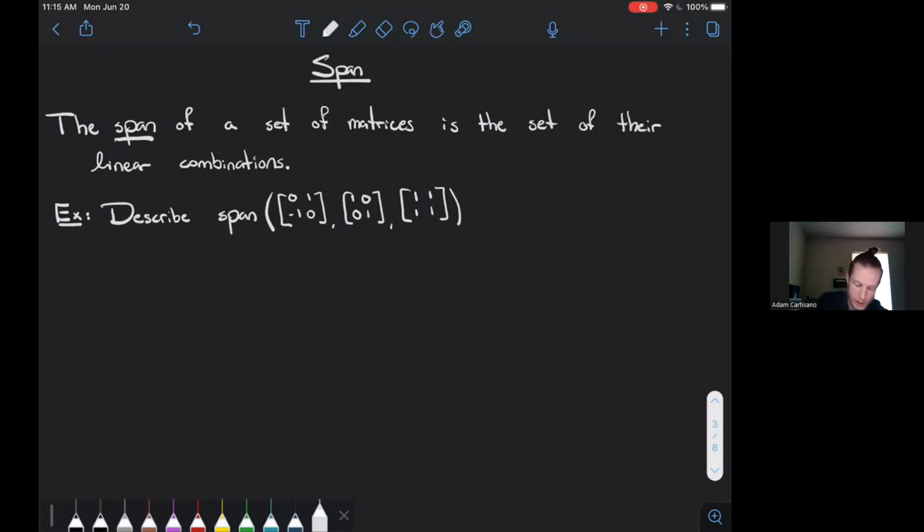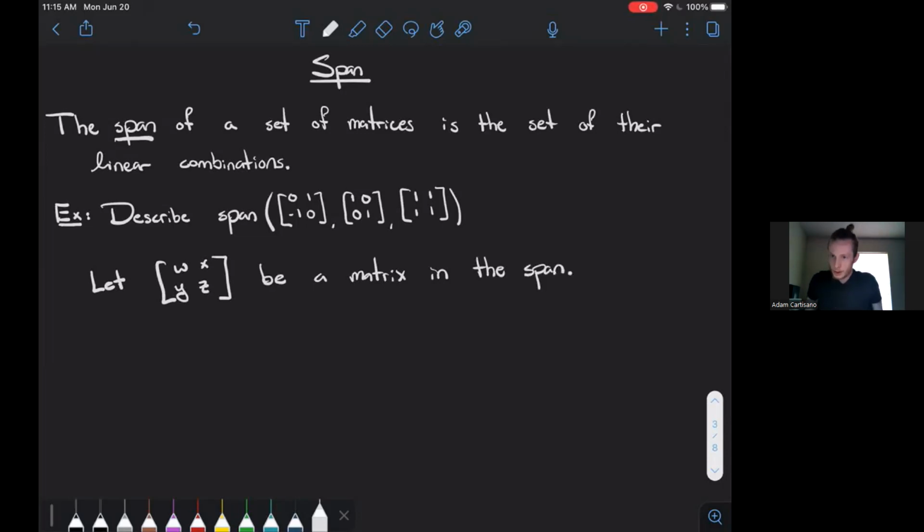The way that we do that is we say, okay, let W, X, Y, Z be a matrix in the span. Then W, X, Y, Z is a linear combination of these three matrices, and so we have the same linear system that we had before.